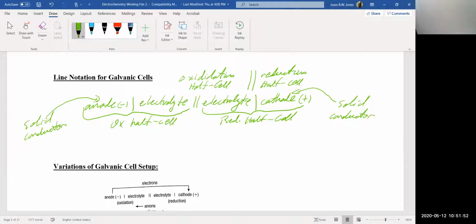How do you choose a solid conductor? Well, you look at the reaction, and sometimes you have a conductor that is a solid, and it's a reactant that is part of the oxidation half reaction. Same idea for the reduction half reaction, and then those materials become the anode and or the cathode, but not always. So what is included in these electrolyte solutions over here?